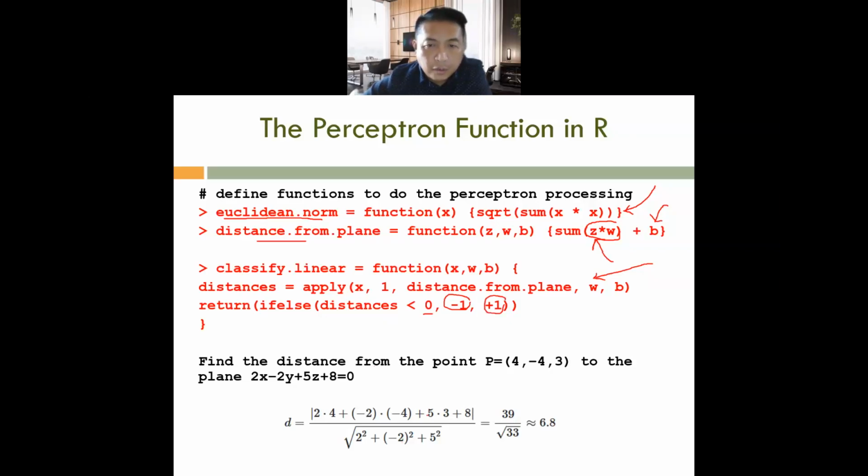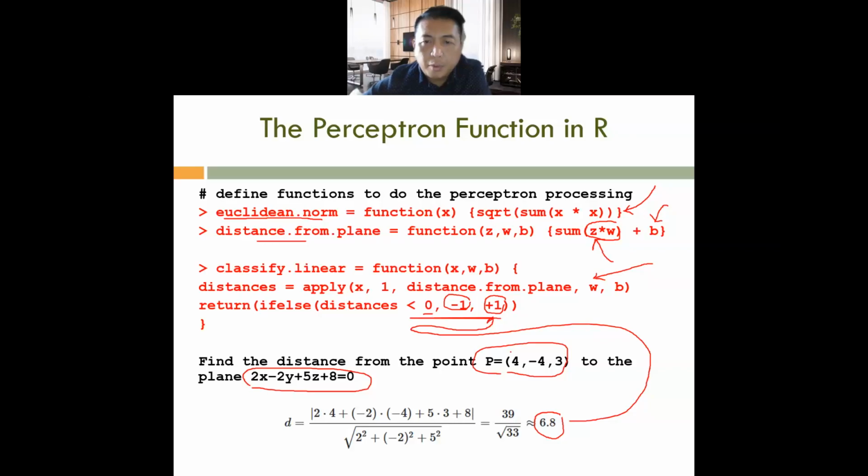For example, if you want to find the distance from this point to this plane, basically we just plug in the values, and this is the distance. In this case it is positive, since the distance is positive, you will pass the positive here.